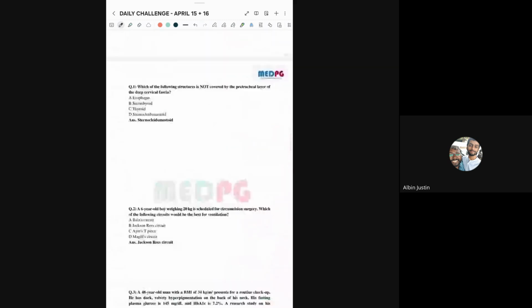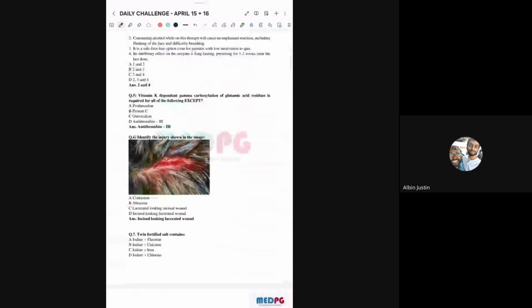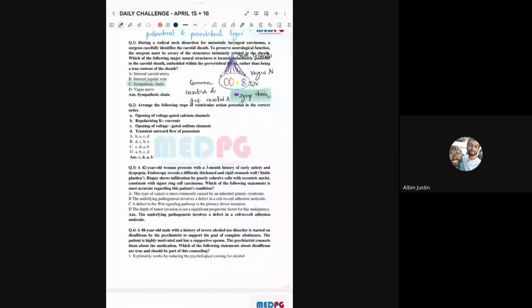Moving on to the second question. Arrange the following as per the steps of ventricular action potential in the correct order. So, first you have phase zero of rapid depolarization. Depolarization, we told, sodium channels open. Then you have the initial repolarization where there is transient potassium outflow.